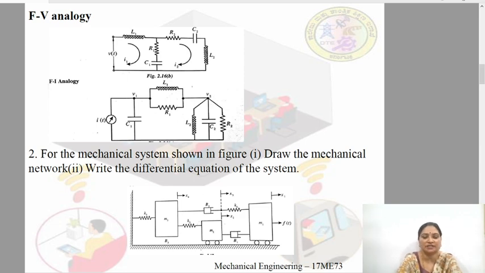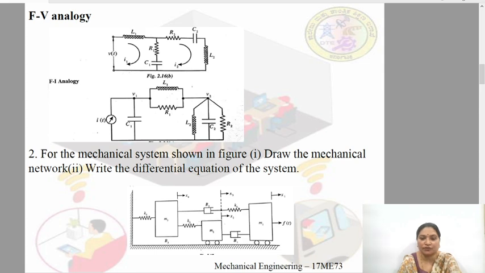In the figure we can see that there are three masses M1, M2 and M3, and three springs K1, K2 and K3, because of which there is a displacement in the three masses also. The force applied is F of t and the displacements are x1, x2, x3 and x4.